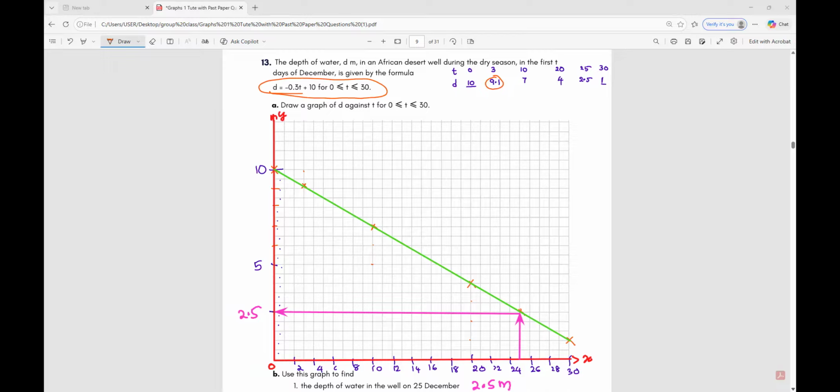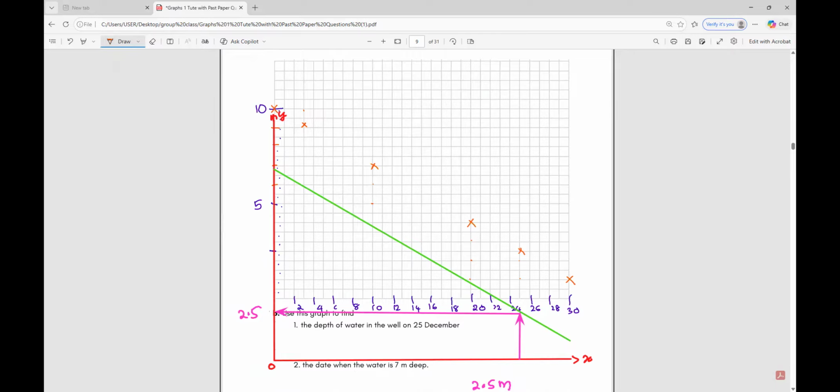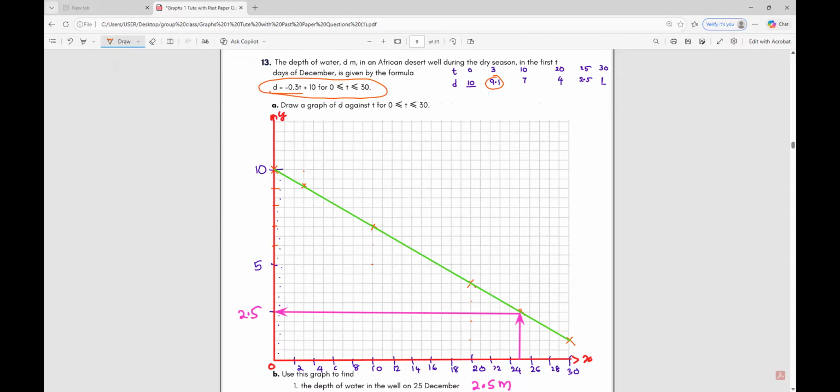The next question: the date when the water is 7 meters deep. D is equal to 7. Find the day on December. Depth is 7. Then draw the arrow from 7 on the y-axis. This is 5, 6, 7 here. That also we found in the table.